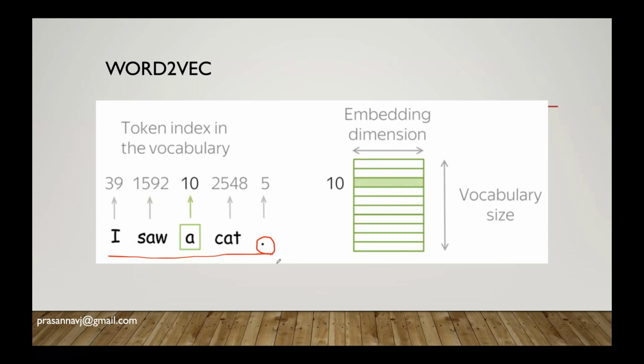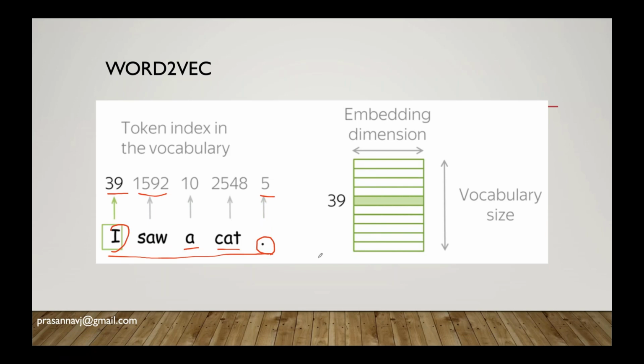Computers cannot understand this, so you have to tokenize each and every word. For example, I is tokenized with a representation in the embedding vector: I is in the 39th position, saw is at 1592nd position, a at 10th position, cat at some position, and even the dot has a position of 5.